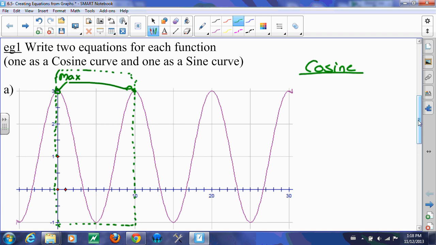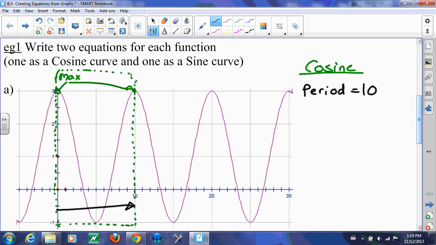One cycle is helpful for us to define some information. The first thing we can find is the period. How long does it take to complete one cycle of this cosine curve? It takes a period of 10. So if we know that the period for this box equals 10, that's the time it takes to complete one cycle.